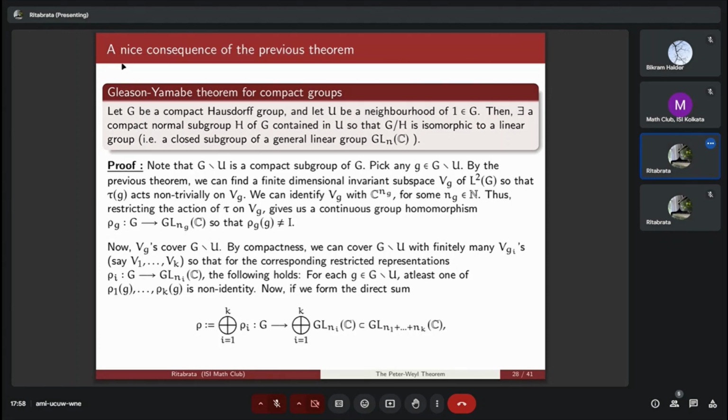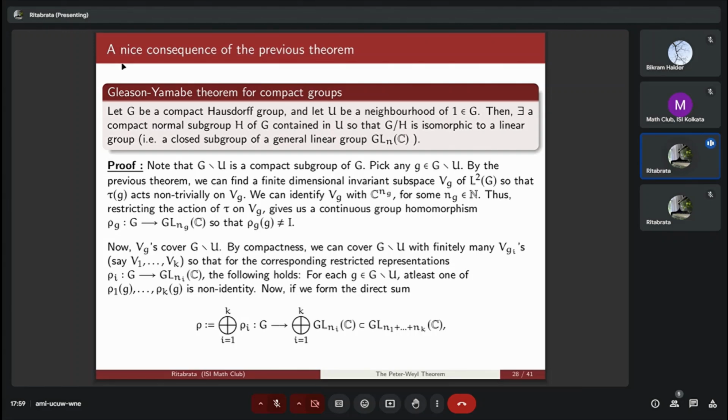Because rho_1(g) is not identity on V1, up to rho_k(g) being non-identity on Vk, and G difference U is contained in V1 up to Vk. Basically, every g in G difference U is in some Vi, and on that Vi it will not be identity.